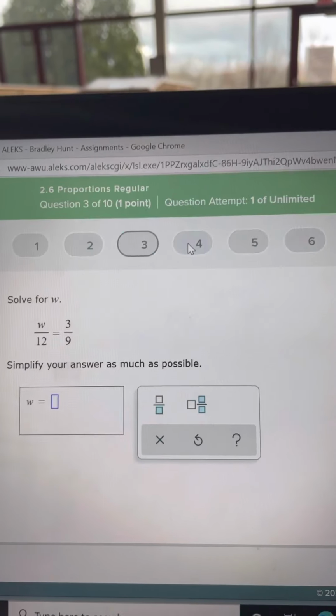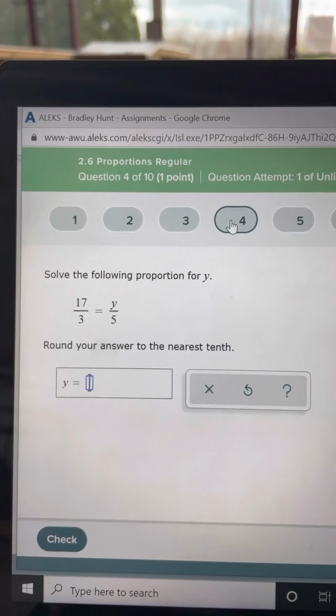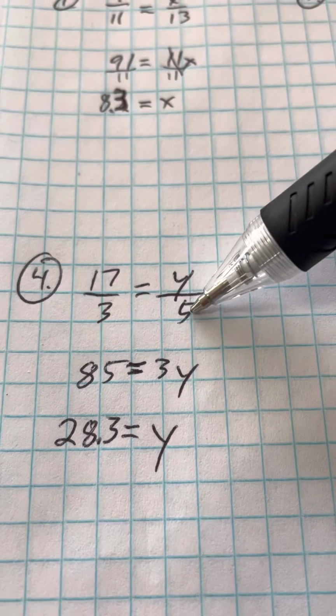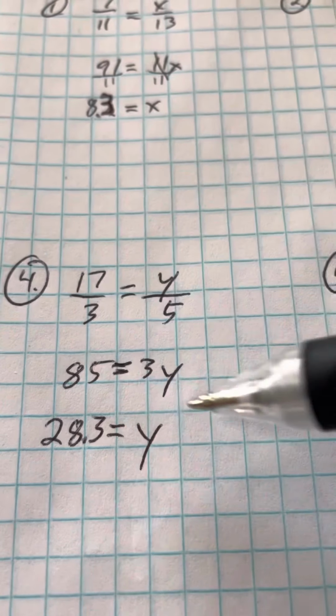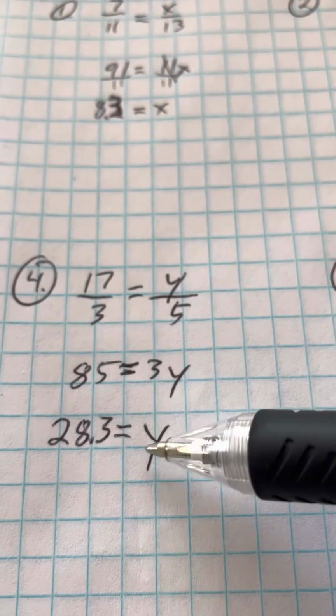Number 4. We get this proportion. 3 times y gives me 3y on this side. 5 times 17 gives me 85. I divide both sides by 3, and I get 28.3 for my y.